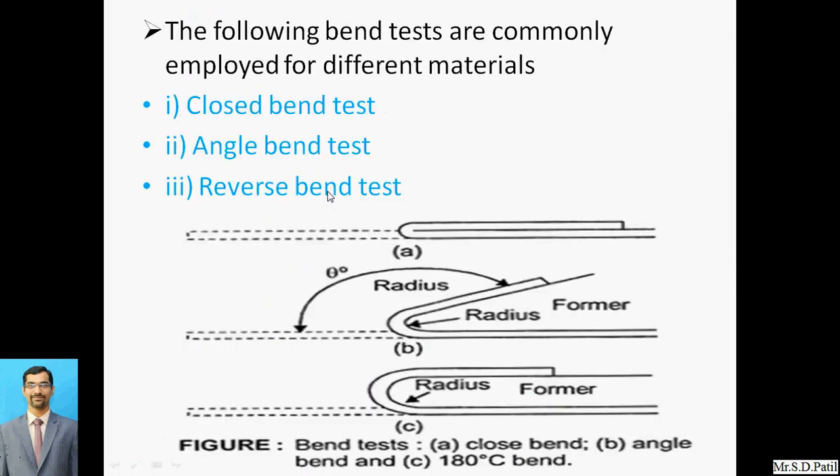So these are the three types of bending test. The first is the closed bend test and the second is the angle bend test. This is the diagram for the closed bend test, showing how the bending is carried out. In this test, a part of the specimen is bent over the remaining part by exactly 180 degrees and flattened.